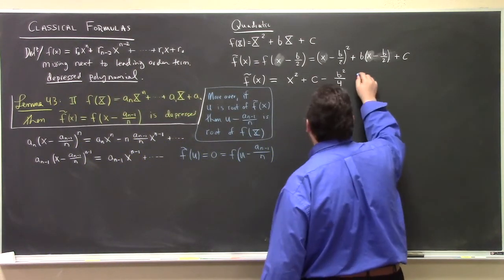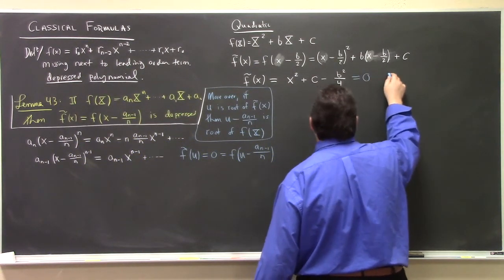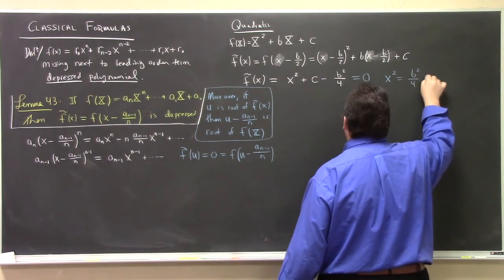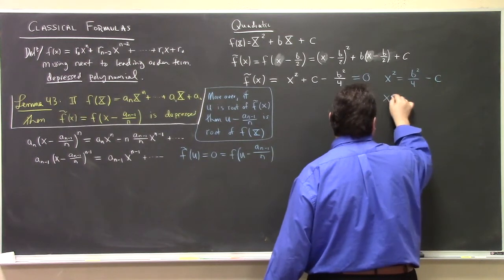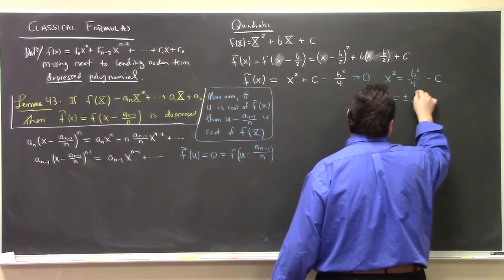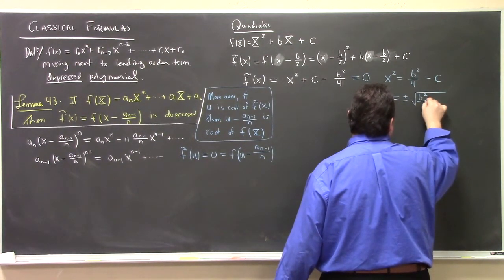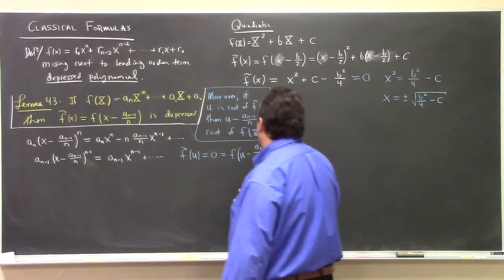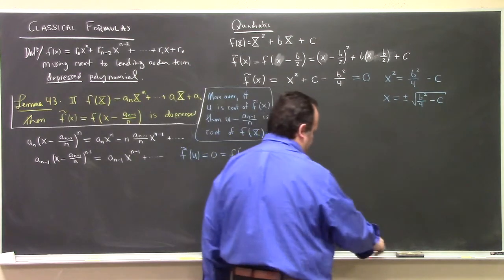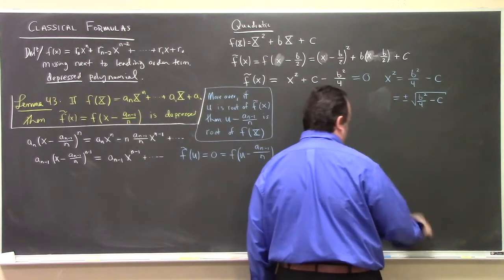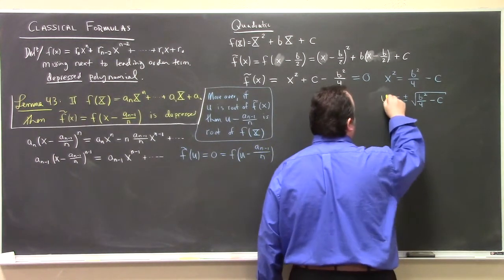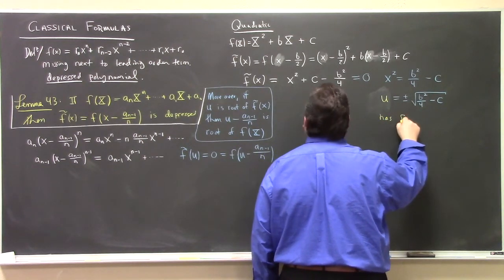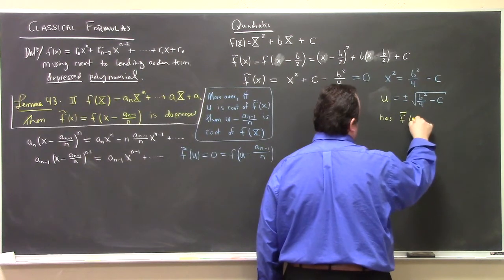Hooray. Now, what does that say then? So we can solve this equal to 0 easily, right? This says x squared is equal to b squared over 4 minus c. So x is equal to plus or minus the square root of b squared over 4 minus c, right? In other words, if I use the notation of my lemma, u has f tilde of u equal to 0.